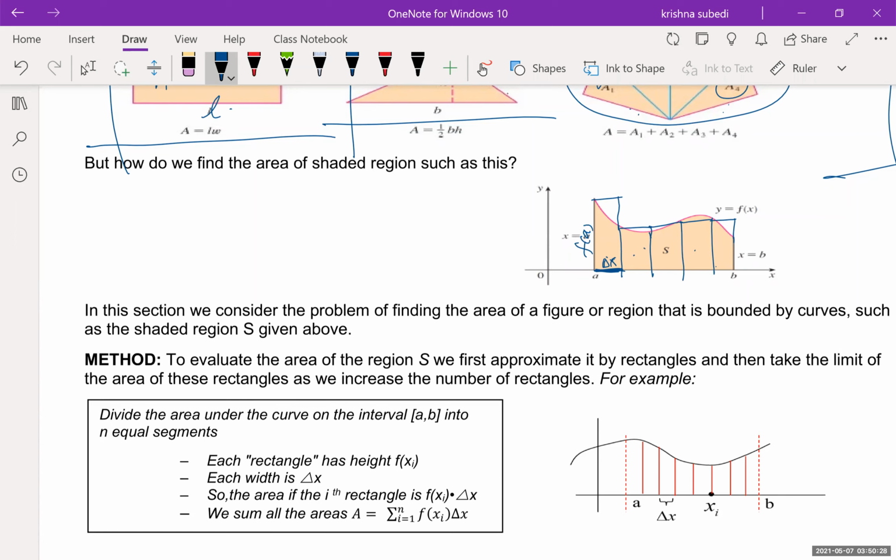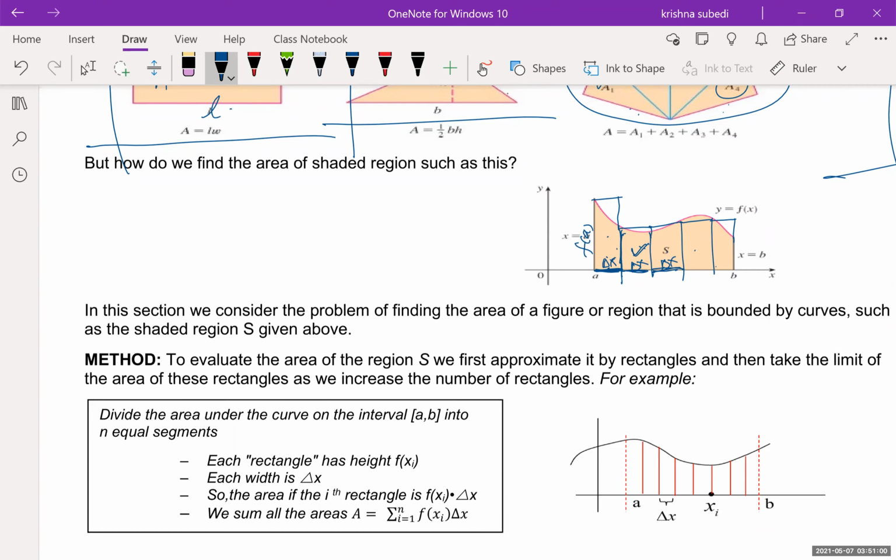So the area of the first rectangle is delta x times f of a. In the same way, you find the area of the next rectangle by multiplying delta x by the height of that rectangle, and you add them all. This way, we can find the approximate value.